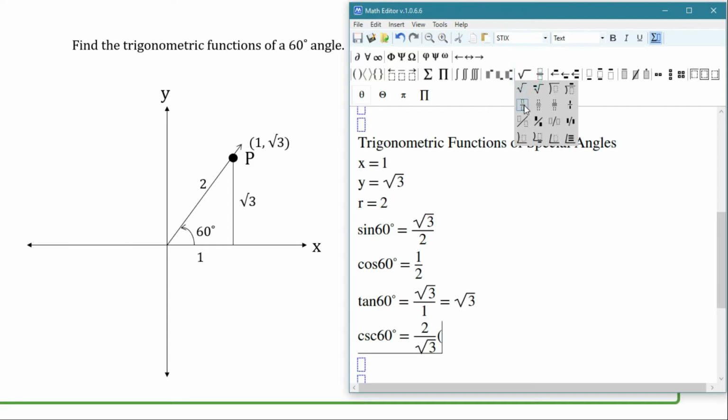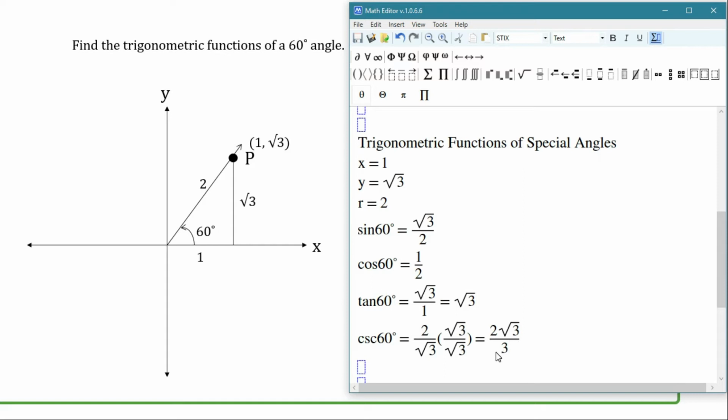And that will yield 2 square root of 3 over 3. That would be equivalent to 2 square root of 3 over 3. So that would be the cosecant of 60 degrees.